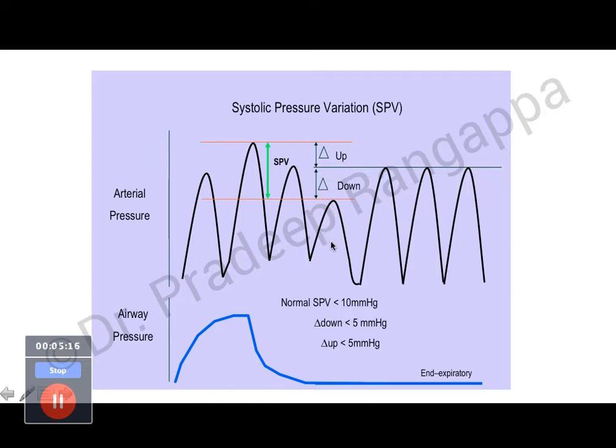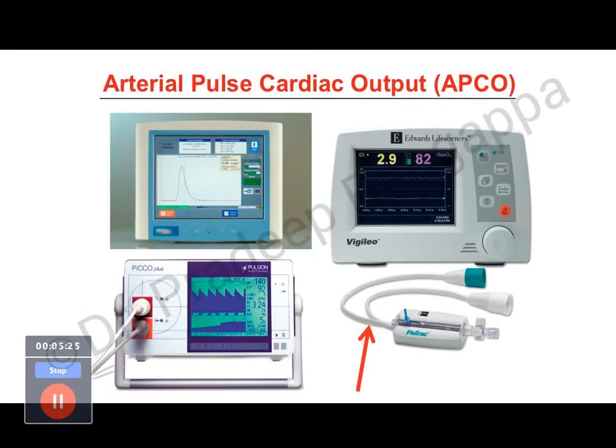So delta up plus delta down gives you the systolic pressure variation, which also becomes an important surrogate of determining stroke volume variation. And what are the tools that we utilize to measure the stroke volume variation? In clinical practice, you can incorporate any of these tools.